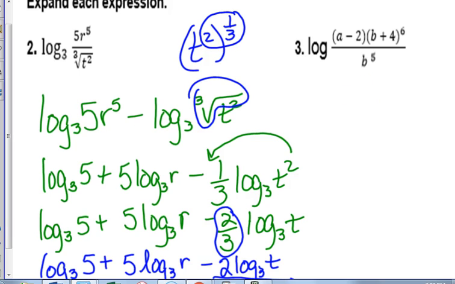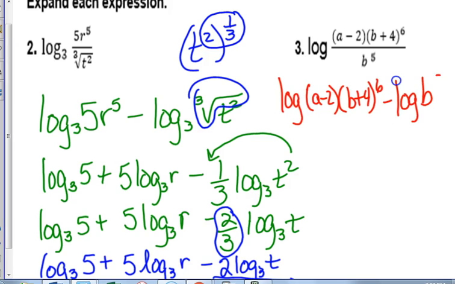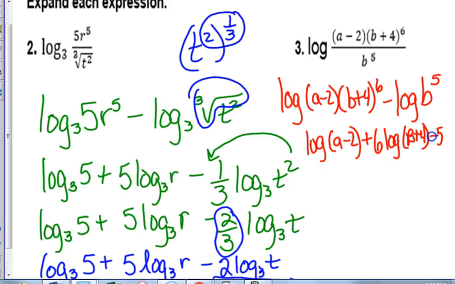What do you think, Miranda? Alright. So you got log of a minus 2 times b plus 4 quantity 6 minus log b to the 5th. And then you have log a minus 2 plus 6 log b plus 4 minus 5 log b.